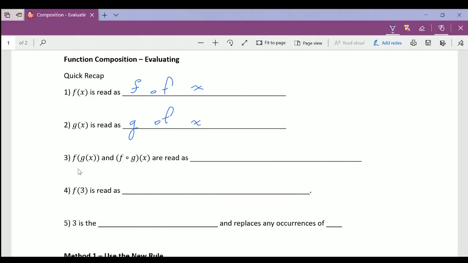And then both of these, using both notations, the one which is probably a little more intuitive and the one you might also encounter, are read as f of g of x. And then finally, this one, where there's not an x anymore, this becomes a 3.